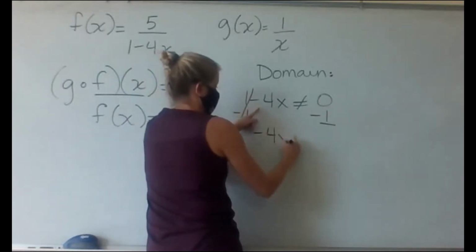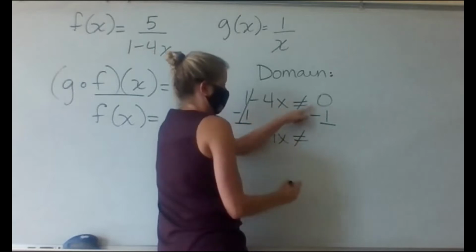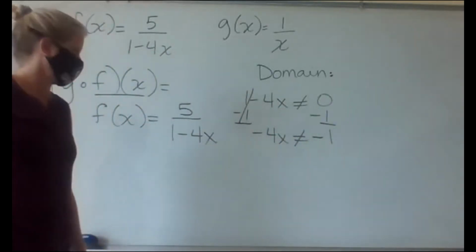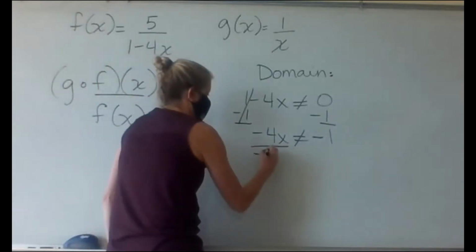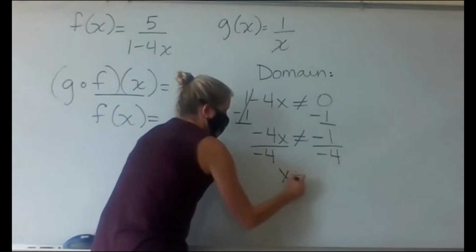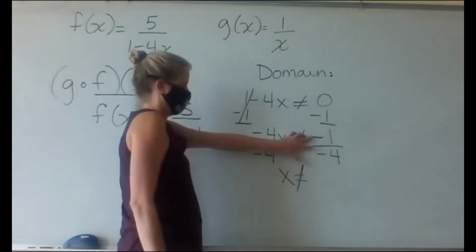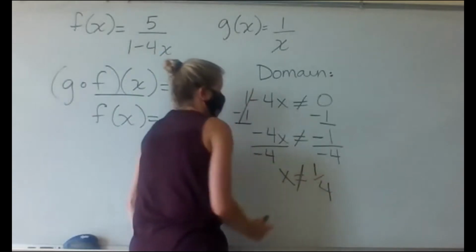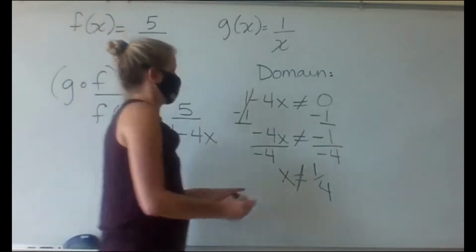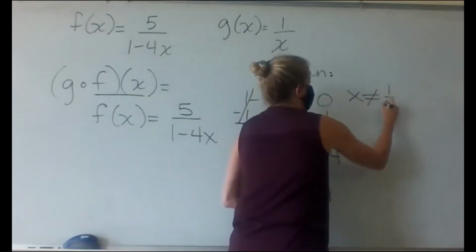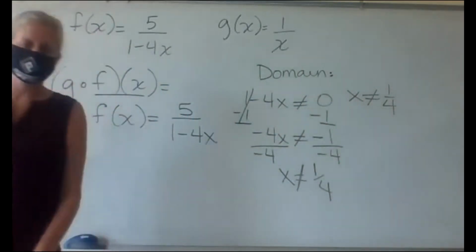So negative 4x can't equal 0 minus 1, which is negative 1. And divide by negative 4. So x cannot equal, that negative over negative makes it positive, 1/4. So there's my first restriction on the domain. X can't equal 1/4.